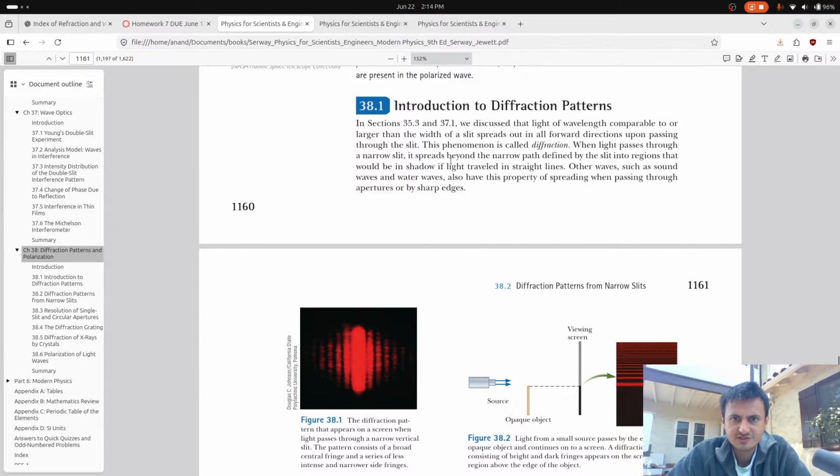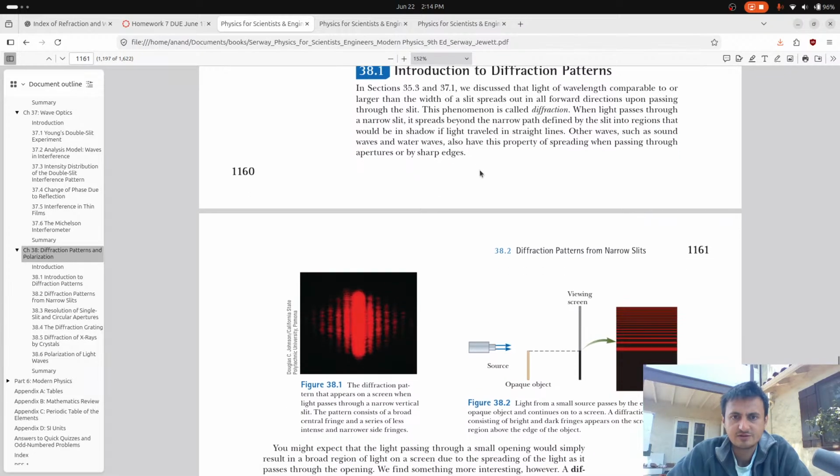When light passes through a narrow slit, it spreads beyond the narrow path defined by the slit into regions that would be in shadow if light traveled in straight lines. Other waves such as sound waves and water waves also have this property of spreading when passing through apertures or by sharp edges.